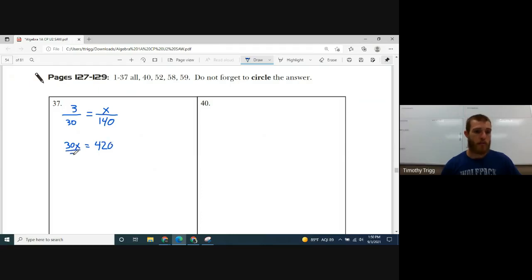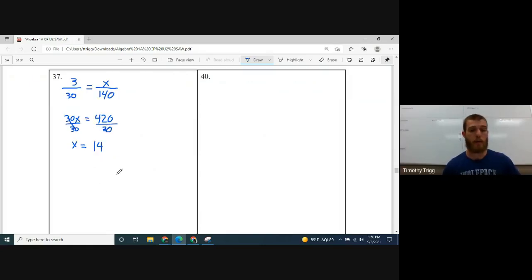Divide both sides by 30 to get x by itself. And that's 14. Okay, so we would expect 14 left-handed people. That's what we want to say. We would expect 14 left-handed people.